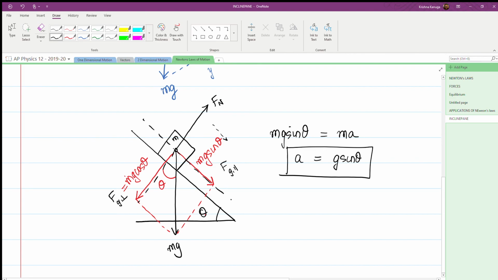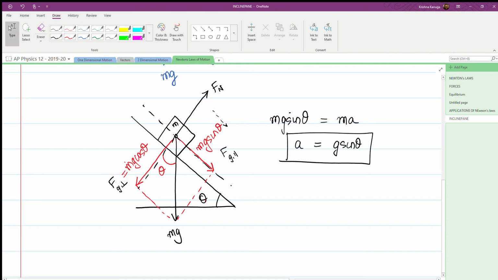So this equation tells us that when the incline is horizontal, when the angle theta is 0, there is no acceleration. The other extreme would be when the angle is 90 degrees, and sine theta simply becomes 1, and at that point the object is in free fall. So it gives us the correct values for the two extremes, one for the horizontal and one for the vertical.